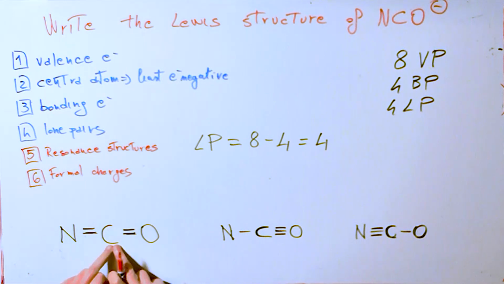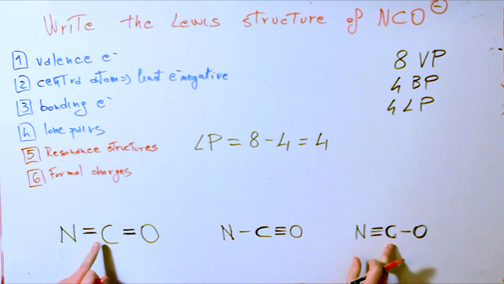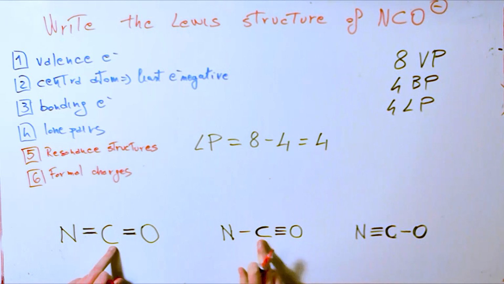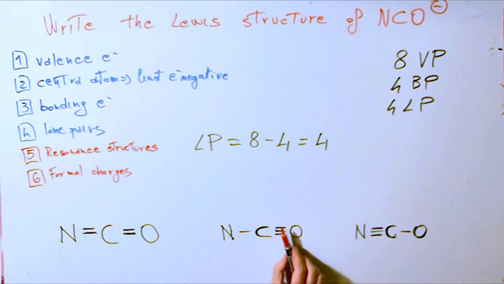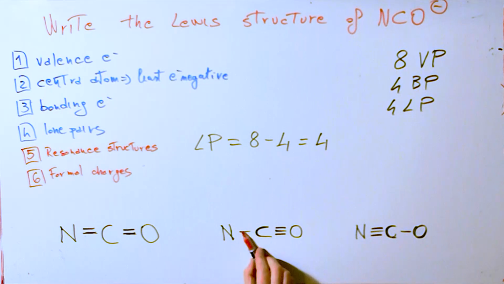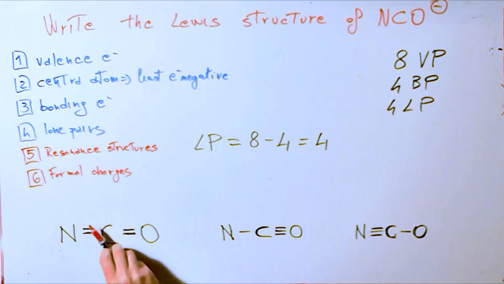Now, if you observe, each of these carbons has already reached the octet number of electrons, because we have 2 plus 2 plus 2 plus 2, which is 8, and also here we have 2 plus 2 plus 2 plus 2, and here. So we cannot place this lone pair on the carbon. What is left is oxygen and nitrogen.